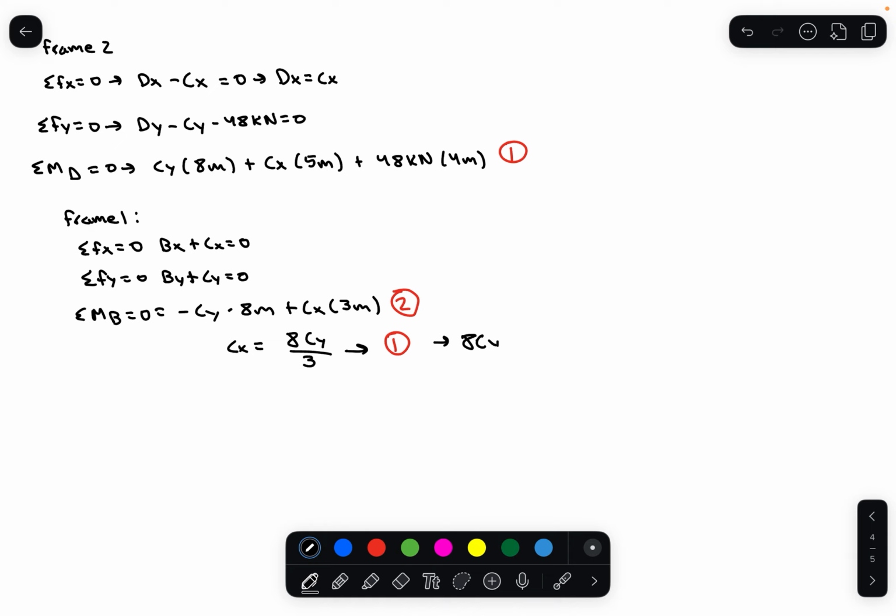We have 8Cy plus 5 times 8Cy over 3 plus, do that 48 times 4 real quick, 192 kilonewton meters, is equal to 0.